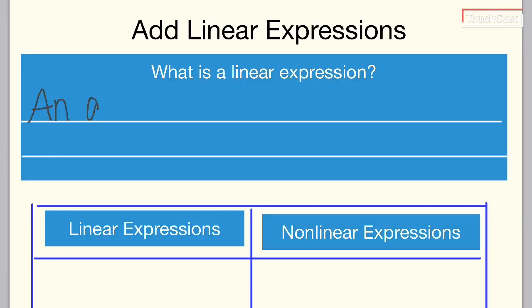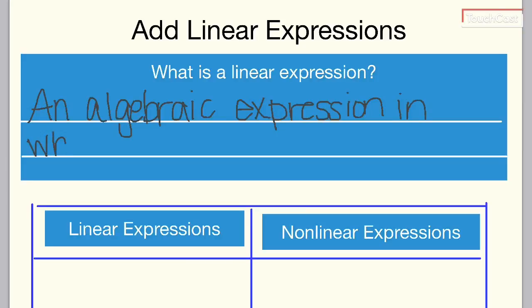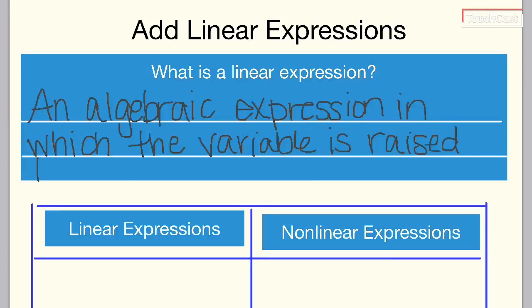An algebraic expression in which the variable is raised to the first power.